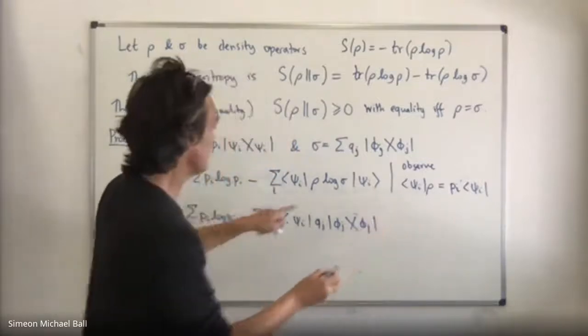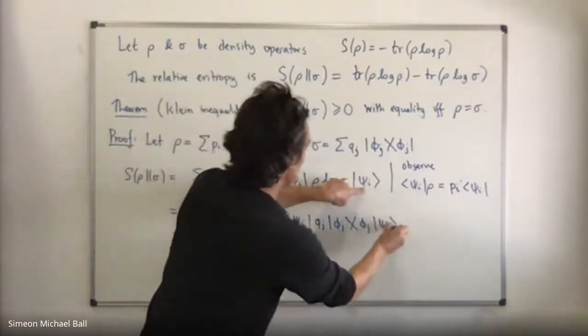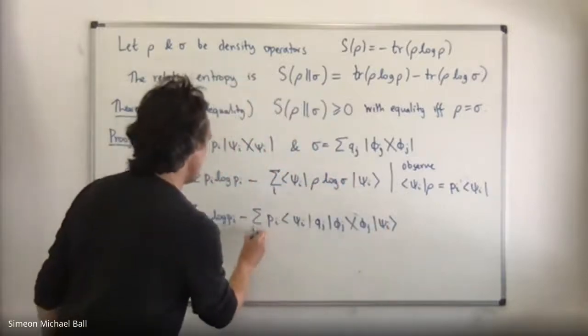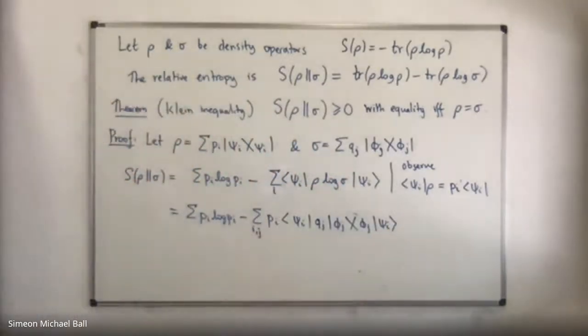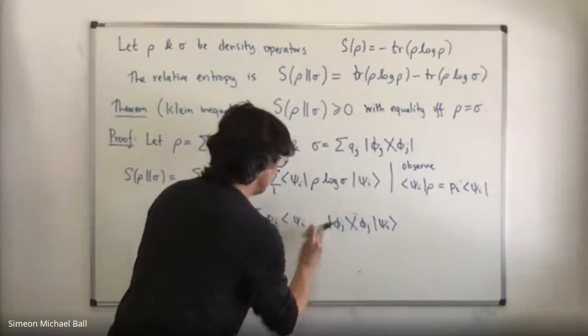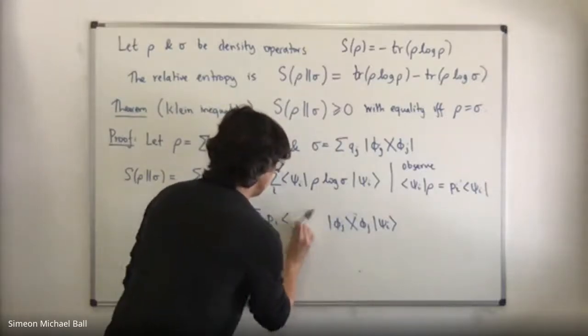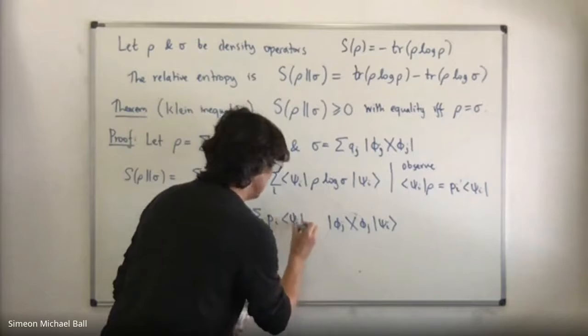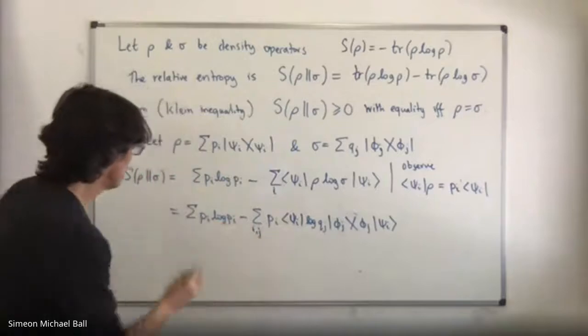Now this side is the i and j. But you see, this is just a number, so this can now come out.